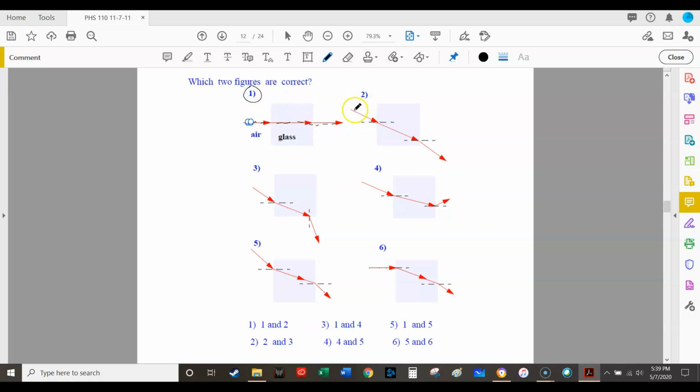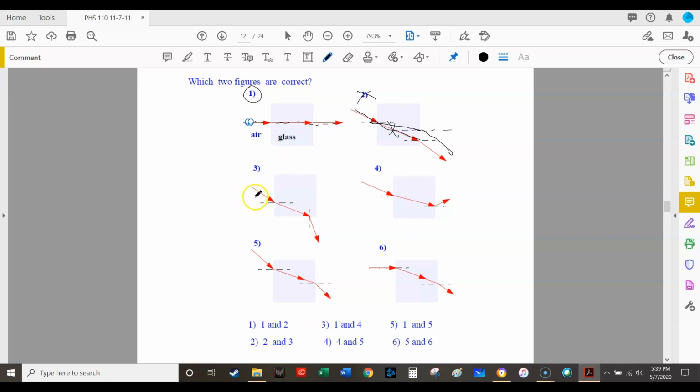Number 2 shows it coming in along a straight line, not bending towards the normal as it should be, and then it does refract and bend away from the normal. So this can't happen here. It needs to be bending in towards the normal, and then over here, it'll bend away from the normal. So number 2 is drawn incorrectly.